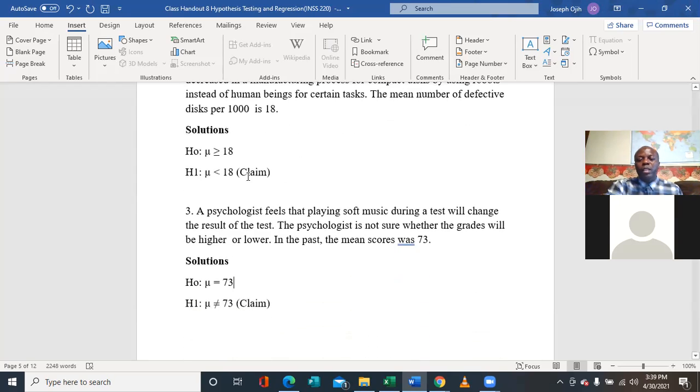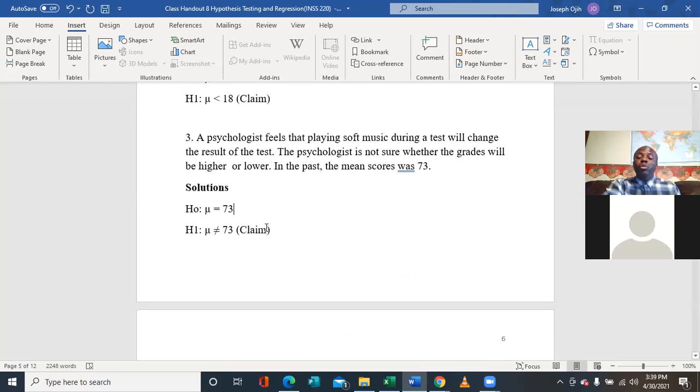But you can also have the claim in the null hypothesis. It can be anywhere, so long as it is what the researcher is claiming. If the claim is in the null hypothesis, then you put it in the null hypothesis. If it is in the alternative hypothesis, then you put it in the alternative hypothesis. It has to be where the claim is made.